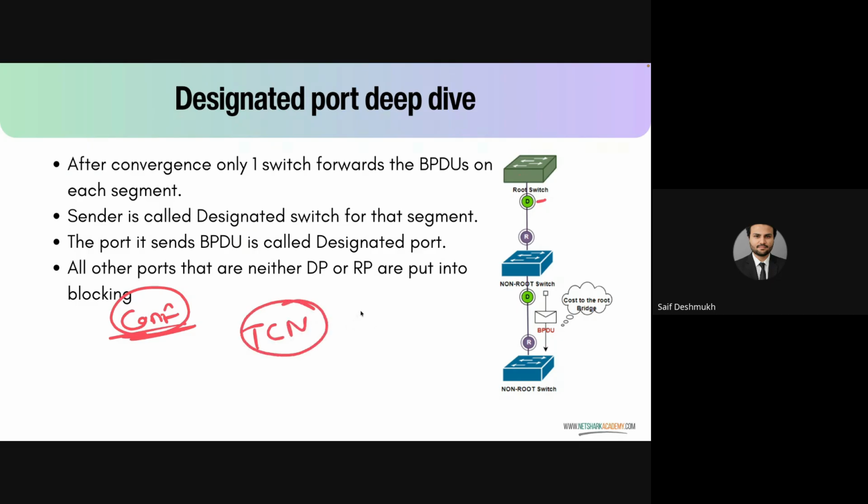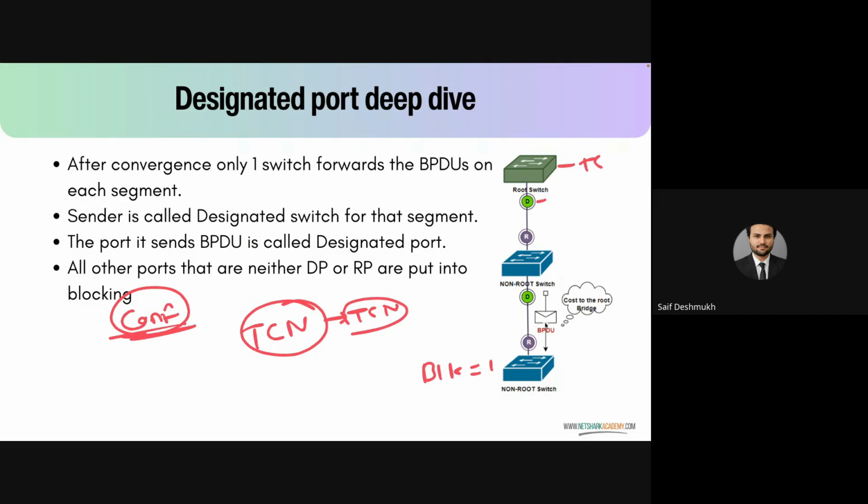It's a very small BPDU in the frame, nothing else is there except the name, TCN, that's all. No flags, no data. But I want you to understand that if some switch becomes a root, a topology change happened. A port went from blocking to forwarding, a topology change happened.